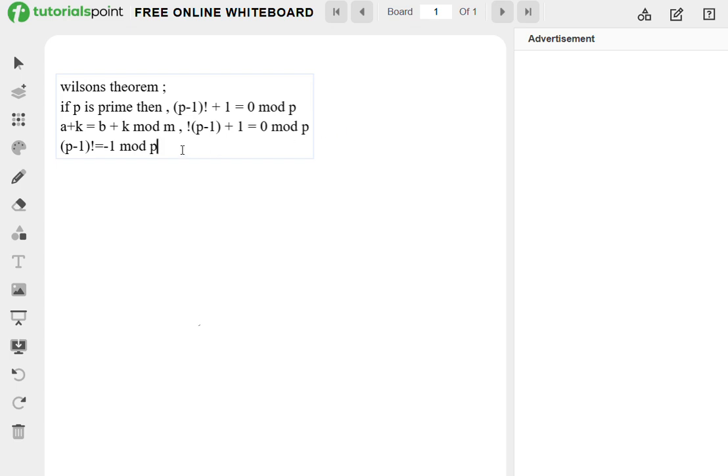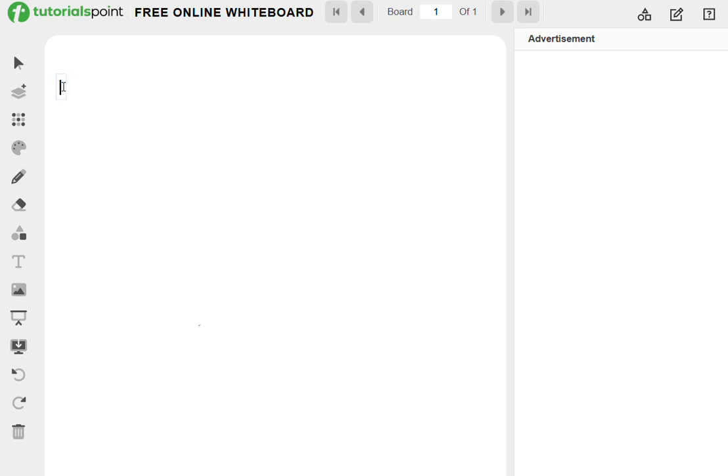Now let's solve some questions. The first question is 9 to the power 9 to the power 1990 is congruent to what mod 11?